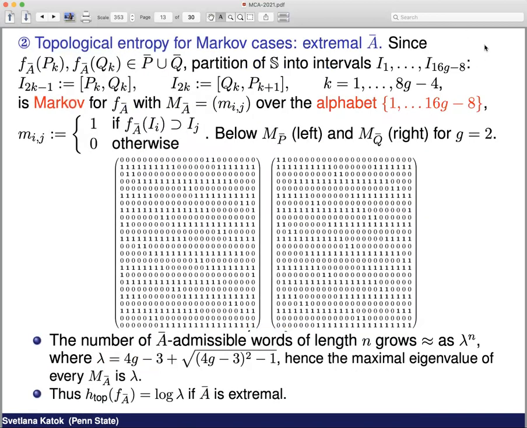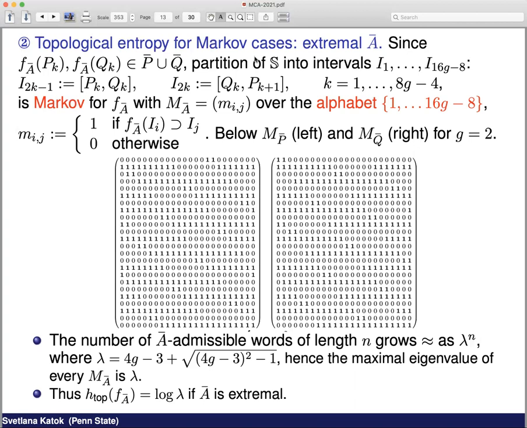Okay, so now for Markov cases, this is a standard thing. So you have, for example, P or Q or any extremal. Okay. So the image of PK and QK under the corresponding TK and TK plus 1 and TK minus 1 also ends up in the same partition.